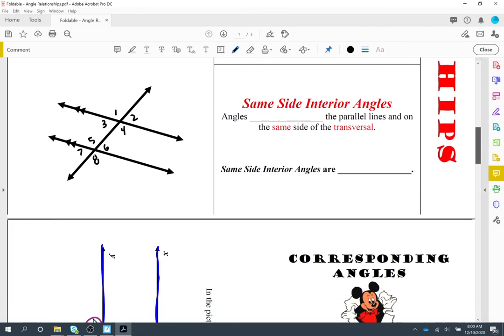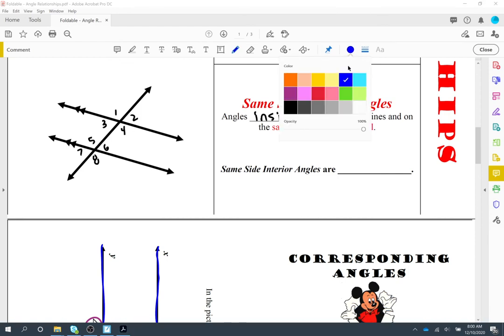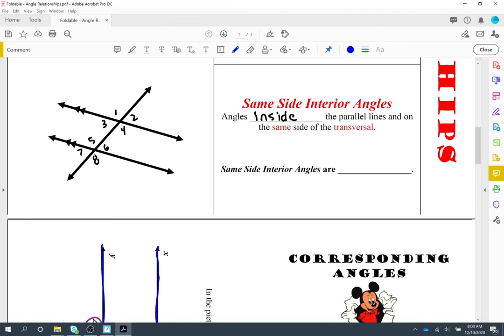And then last, we have our same side interior. Okay, so specifically, notice I said interior again. So angles inside the parallel lines and on the same side of the transversal. So if I go to the inside of the parallel lines, we're in here.